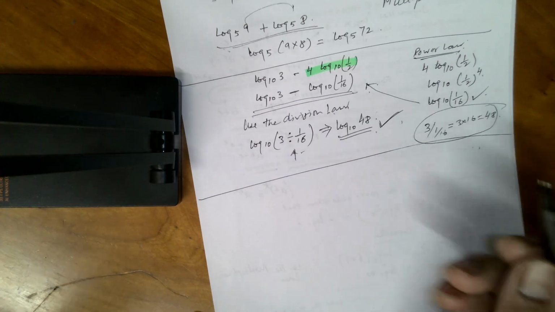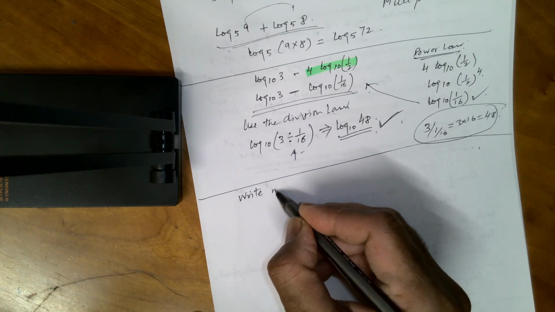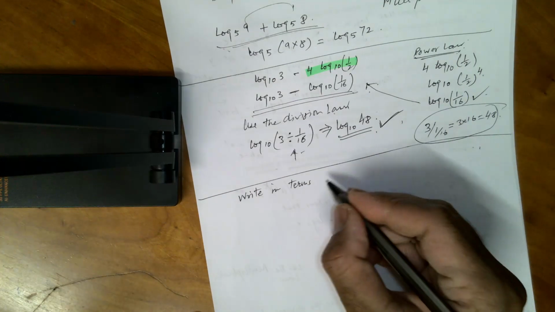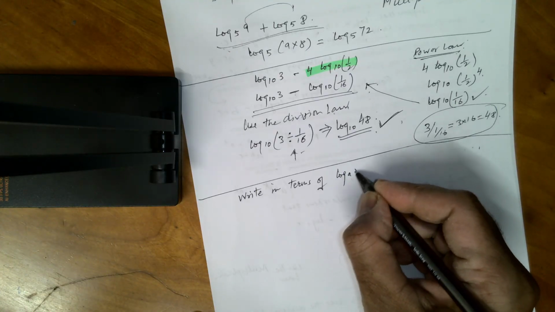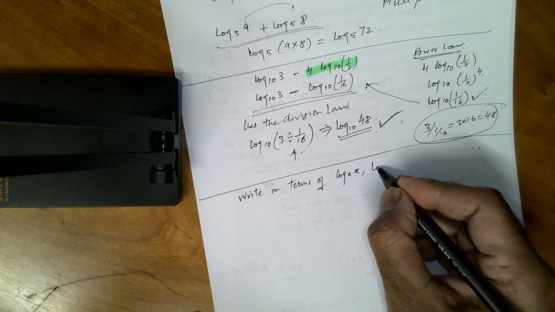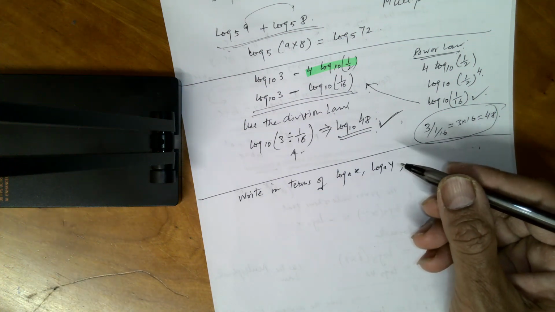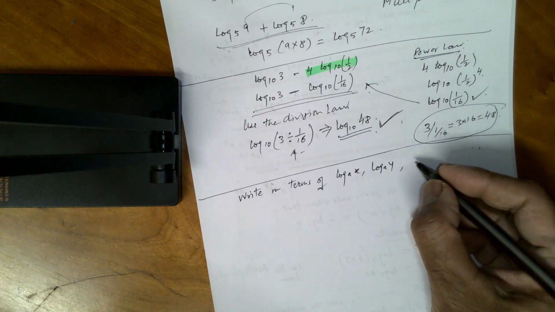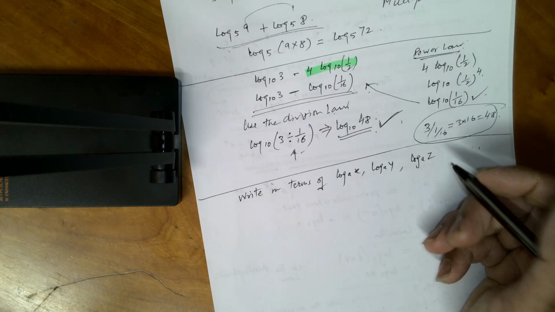Before I move on to some other questions, let's do this example as well, which is important. In this one, we say write in terms of logarithm of x, y, and z, the same base but with three different numbers. So logarithm of x, y, and z with base a.